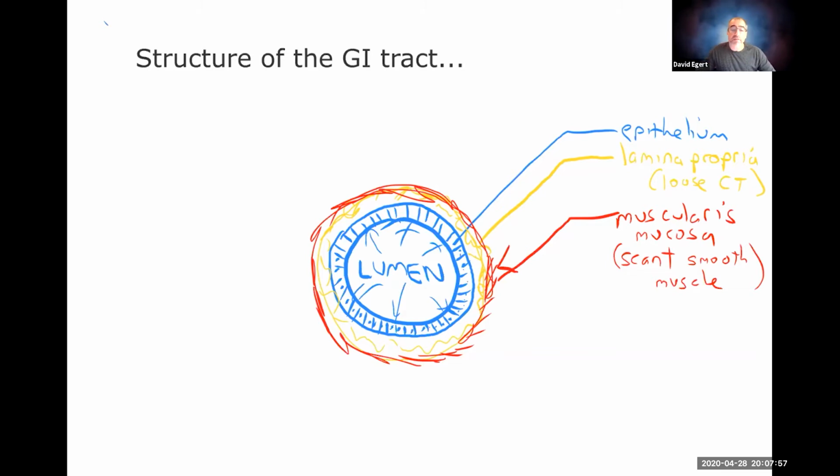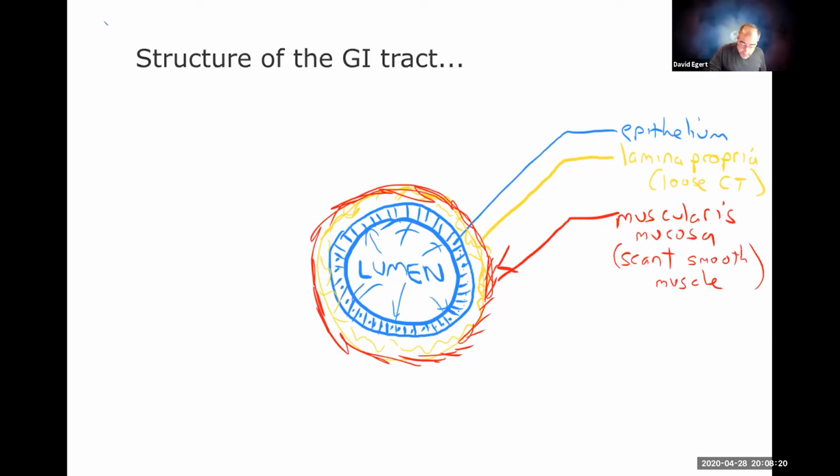This muscularis mucosa is not a major player in moving things around. It's more about maybe puckering the surface a bit. But we're going to see a much more beefy muscularis that is going to be involved with squishing food around and moving it from one part of the tube to the other.